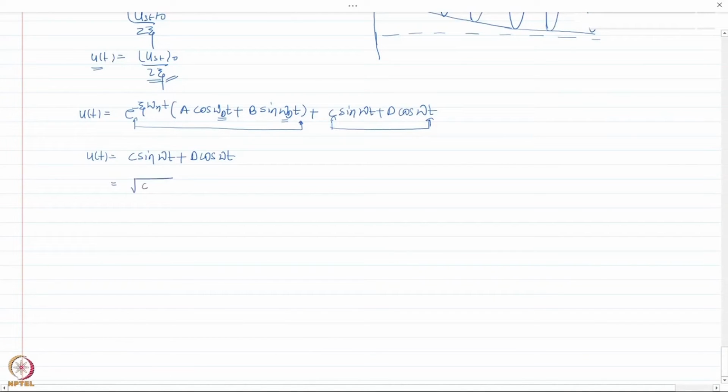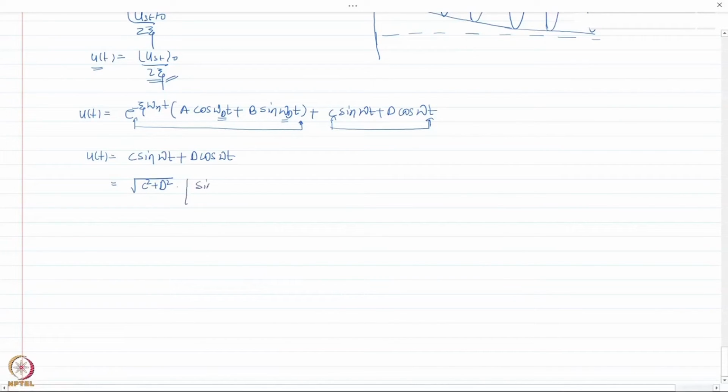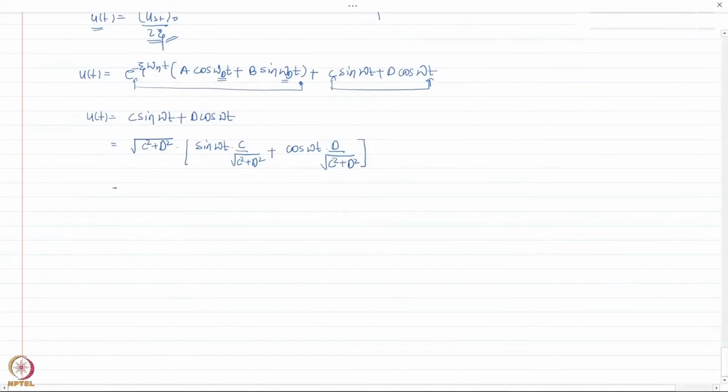Let me write it like this: square root of C square plus D square, times sin omega t times C divided by the square root of C square plus D square, plus cos omega t times D divided by the square root of C square plus D square. I can write this expression as the square root of C square plus D square times sine of omega t minus phi.